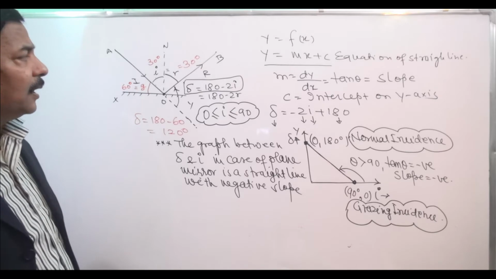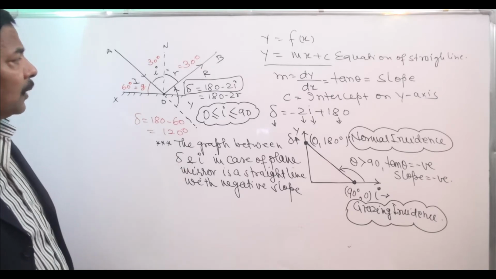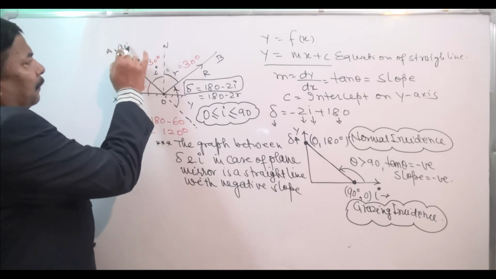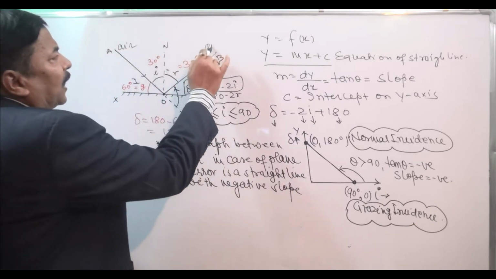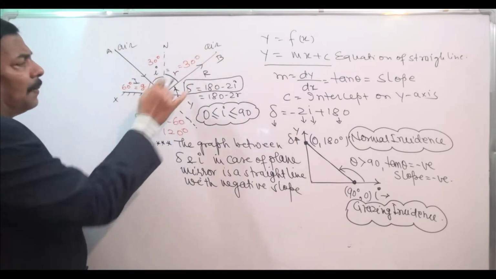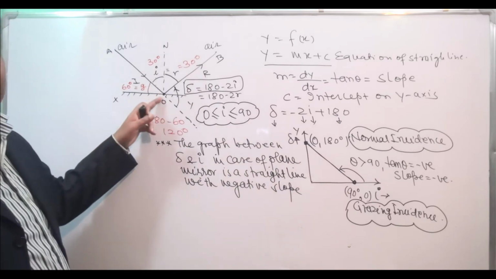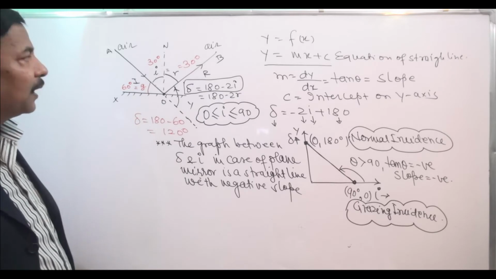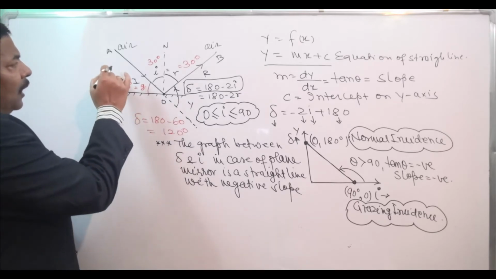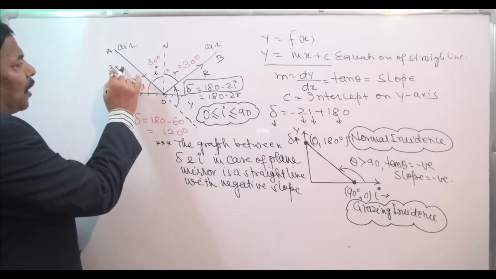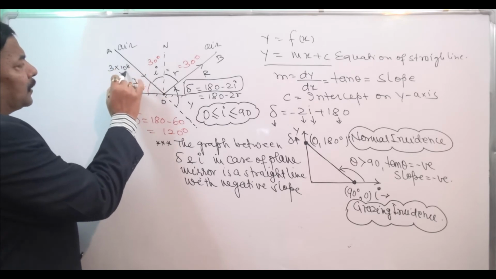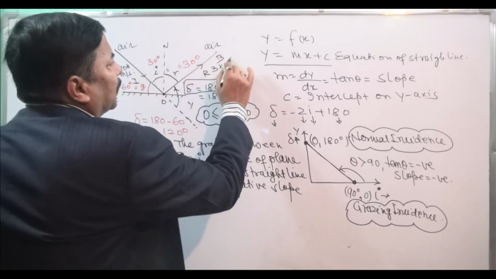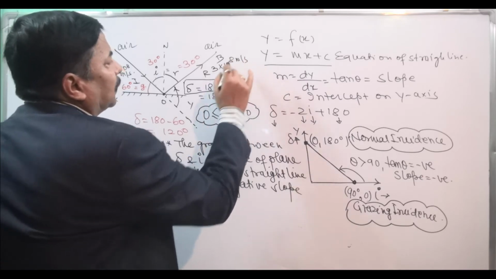But before that, if we consider this as air, here also it is air. So light is coming back into the same medium after reflection. Bouncing back of light into the same medium is called reflection. If here the speed is 3 into 10 to the power 8 meter per second, here also the speed is 3 into 10 to the power 8 meter per second.